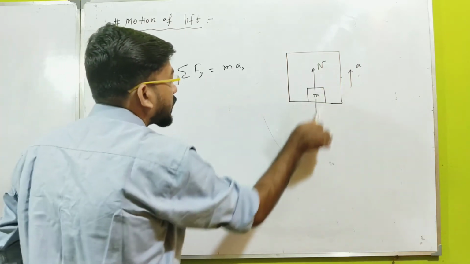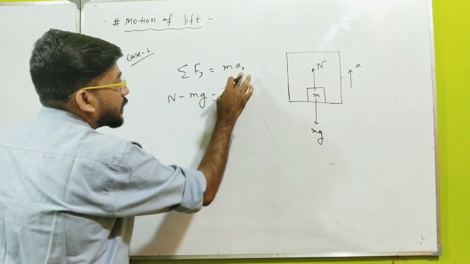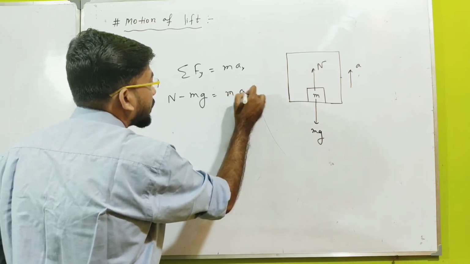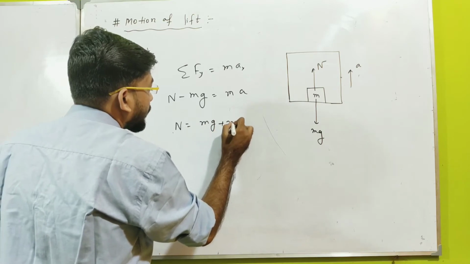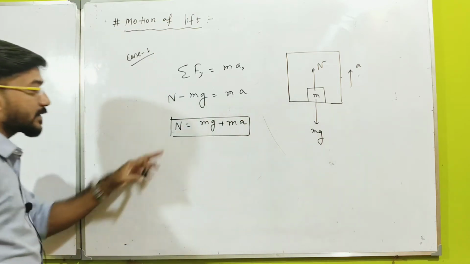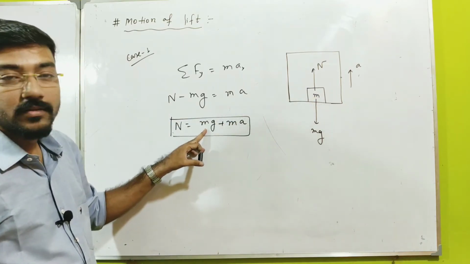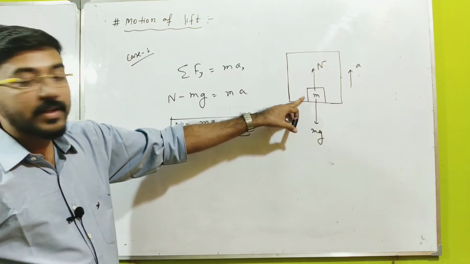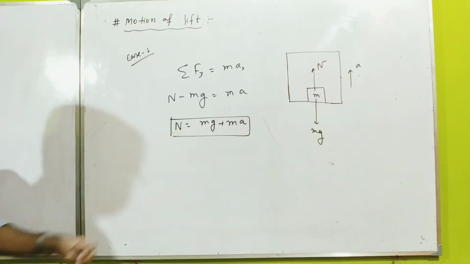Summation Fy is N minus mg, and ay is a, so N minus mg equals ma. So N will be mg plus ma. You can see the normal reaction felt by the object is more than its weight, so the object will feel itself heavy.